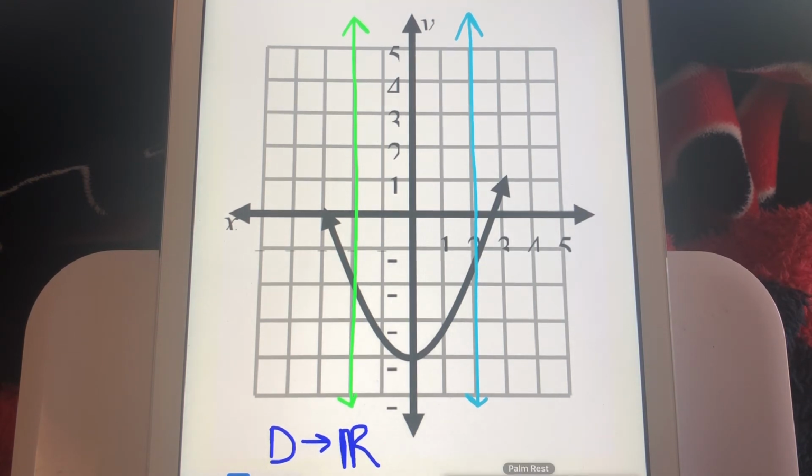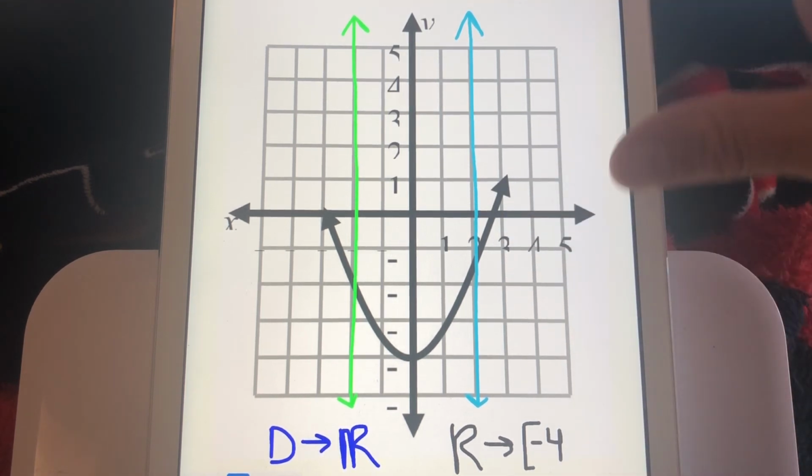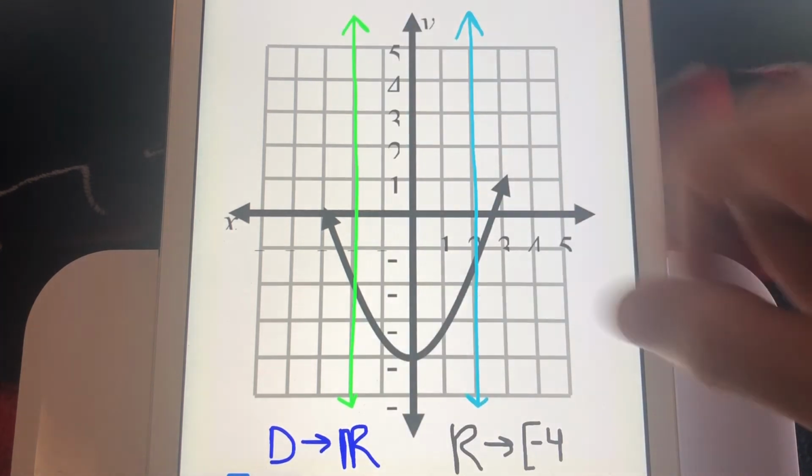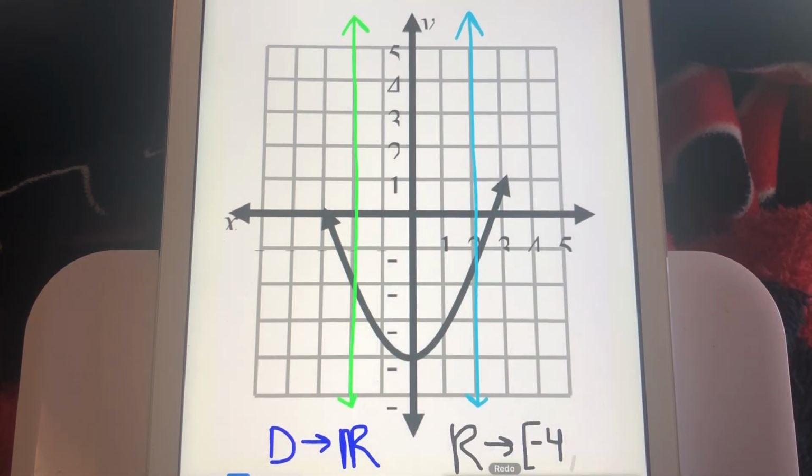So when we're writing the range, we're going to say the range starts at -4. Notice we use the bracket there because it includes -4. And we're going to go all the way up. This goes forever up and to the right, forever up and to the left. So we're going to say that goes all the way to positive infinity.